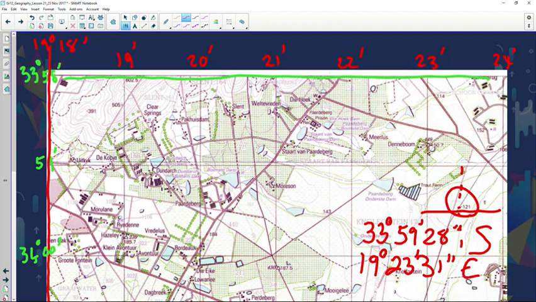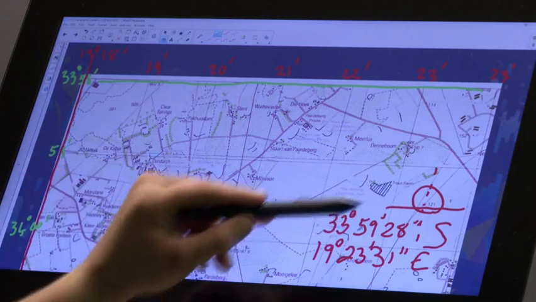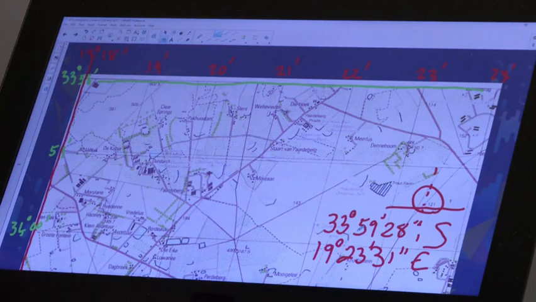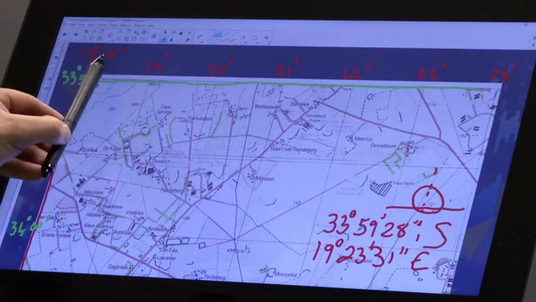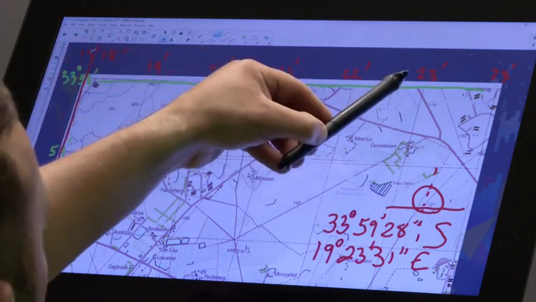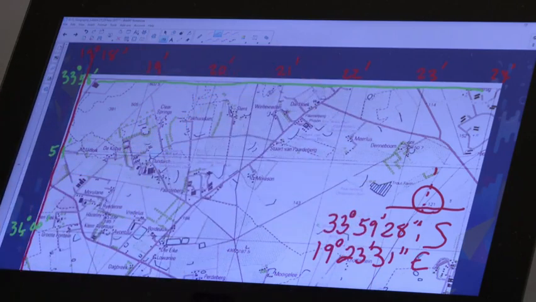So the correct coordinates for spot height 121 is going to be 33 degrees, 59 minutes, 28 to 30 seconds south, and the longitudinal position is going to be 19 degrees, 23 minutes, 31 seconds east.